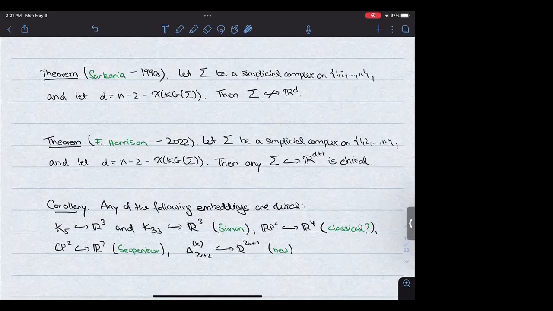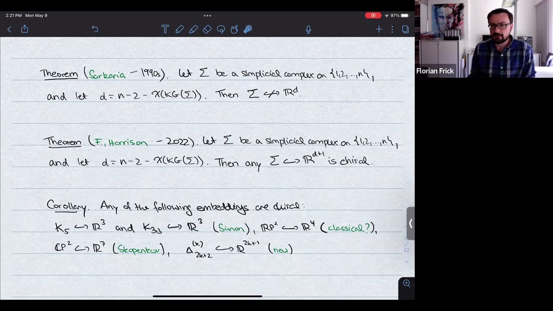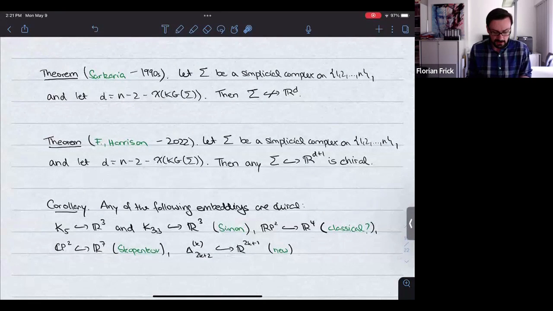Good. Well, corollary, everything we just said, now you have the chirality result, right? K33 in R3 is chiral. Well, Simon already knew this. RP2 in R4 is chiral. This is a fact people know, but I can't point you to the literature. If you know where to find an early reference that RP2 in R4 is chiral, please let me know.